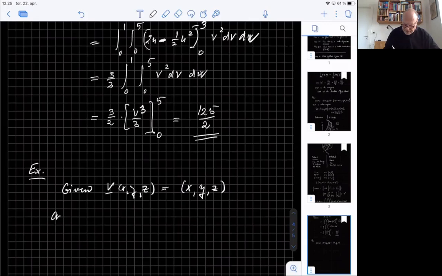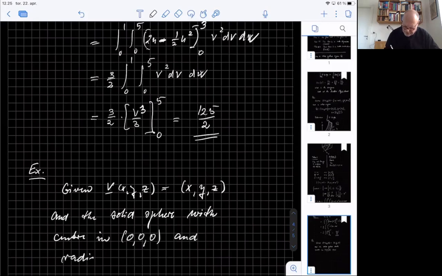And also we are given the solid sphere with center at 0, 0, 0 and radius r.